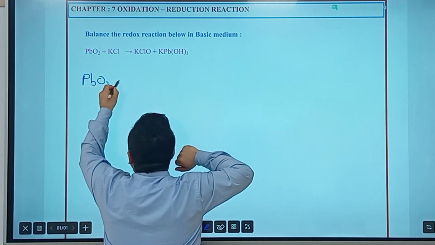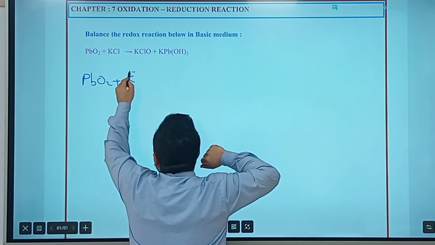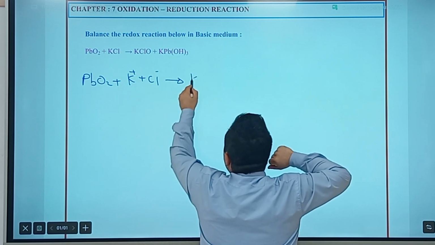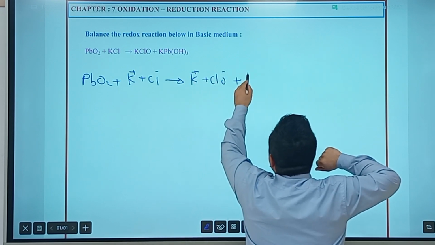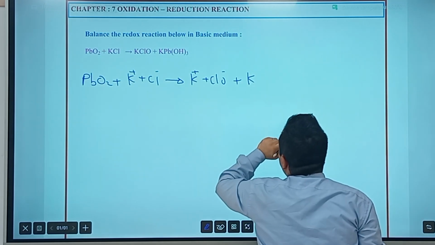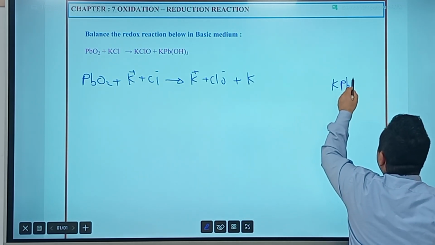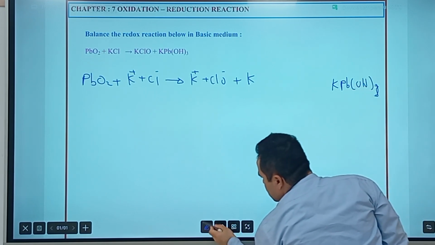PbO2 stays unchanged or non-separated. K positive plus Cl negative to form K positive plus ClO negative, and in this case, guys, let me write KPbOH by 3. How is the formation of this?